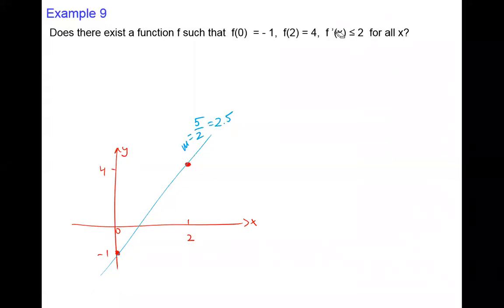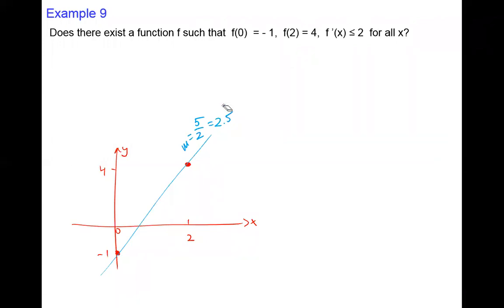But let's see this. With this condition, with these points, they're telling us that the derivative for all of the values between 0 and 2, because I'm again assuming that my interval is between 0 and 2, all of the values of the derivative, which means the slope of the tangent, is 2 or less. That means, do you think this is correct? Does there exist such a function?